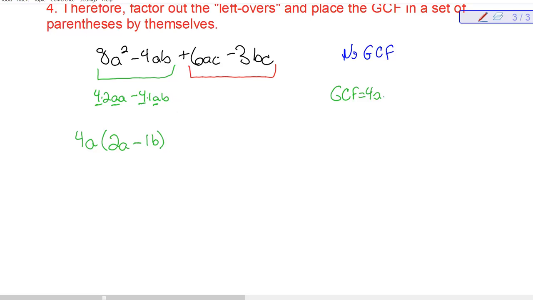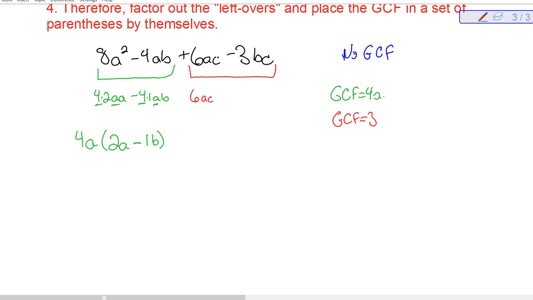I do the same thing for the 6ac minus the 3bc. The number that will go into 6 and 3, well, that number is going to be 3. And then I look at my variables. So I've got a 6a times c.